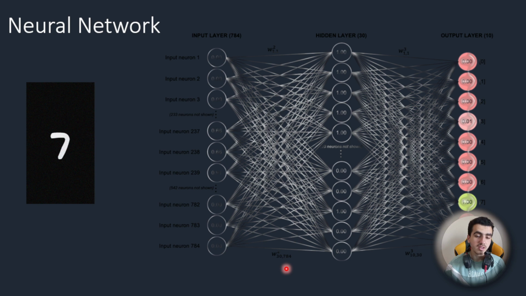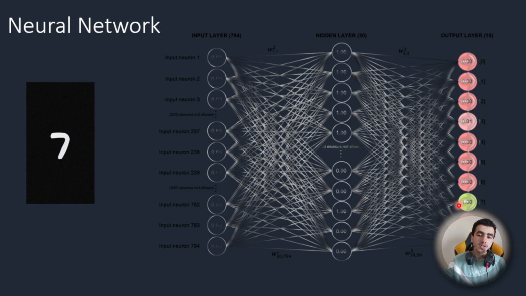It's a little bit large. After this hidden layer, there is the output layer, which takes the inputs from all these neurons and tries to estimate what this image's class is, whether it is 0, 1, 2, 3, or 7. Here, as you can see, it predicts 7 as the output of the model.